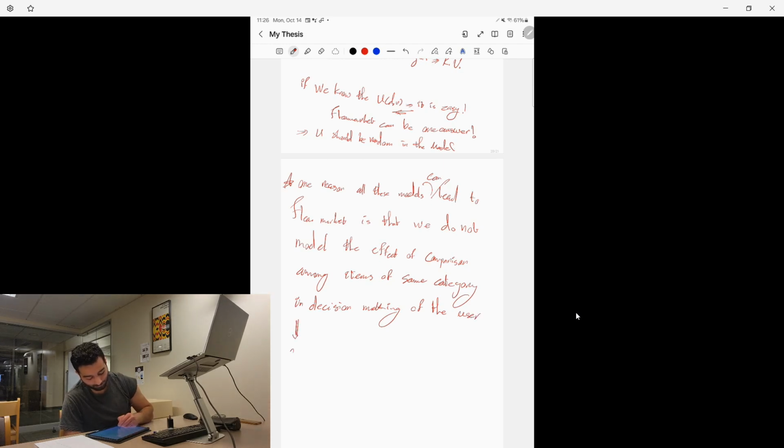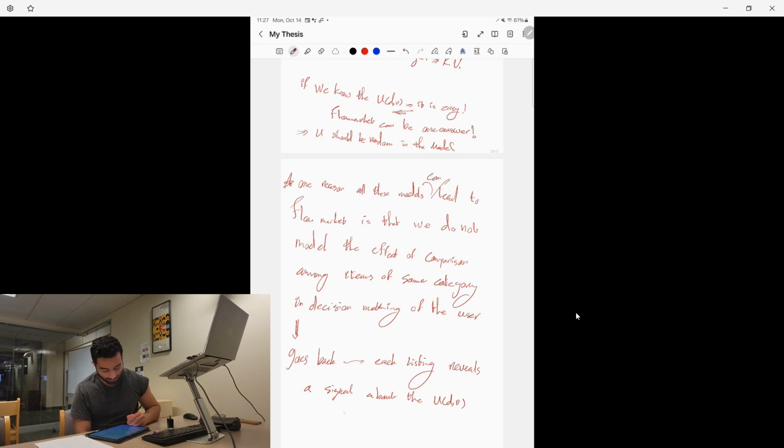And it goes back to each listing revealing a signal about the U of DNV. That's it. I feel listings, it is kind of Negin's paper too, right? Maybe it's exactly here. She had a common utilitarian part and an idiosyncratic part, and the common part was the signal that you could see.